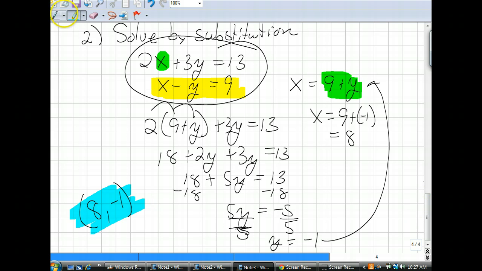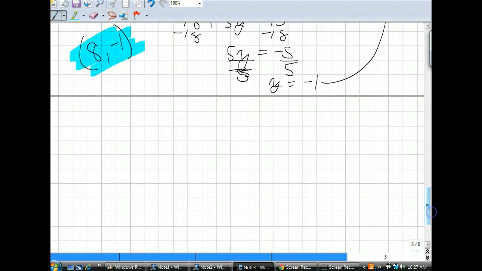The third method for solving systems of equations is called different names. One is linear combination. Some people call it the addition method.